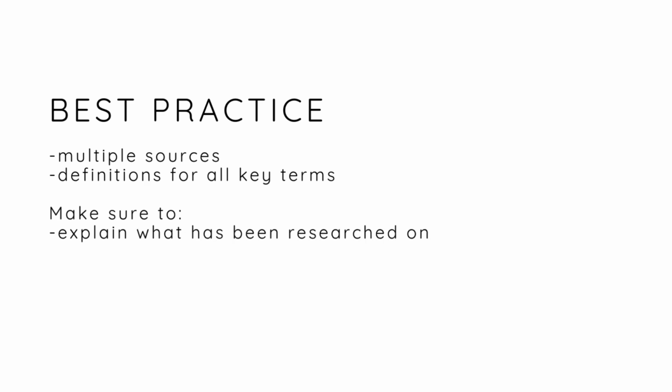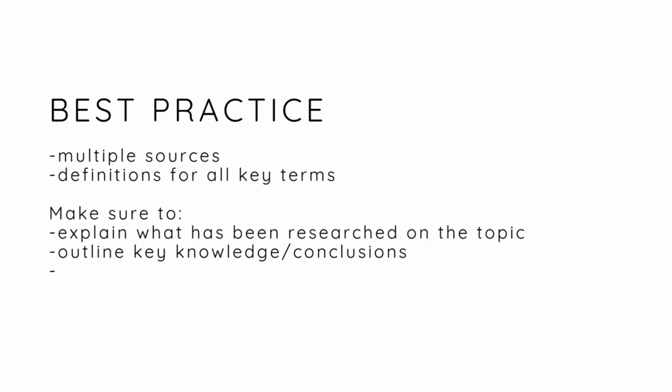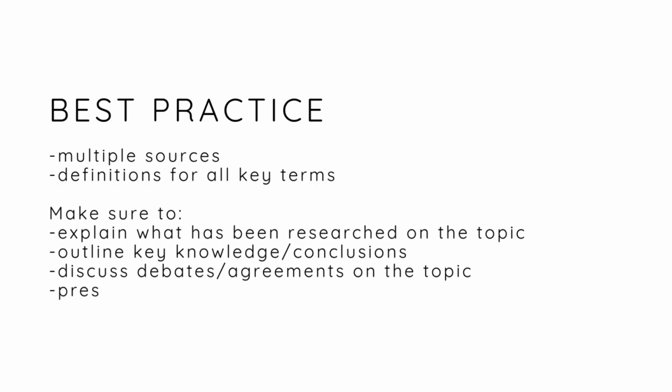The best approach is to explain what has been researched on this topic, what is already known, acknowledged, and communicated. After that, you want to say if there are any different opinions or contrasting perspectives from other authors, and you also want to include what gaps remain in this research.